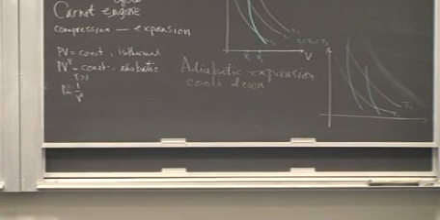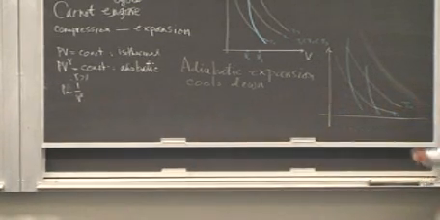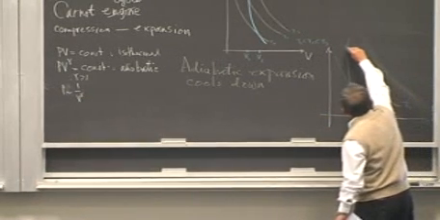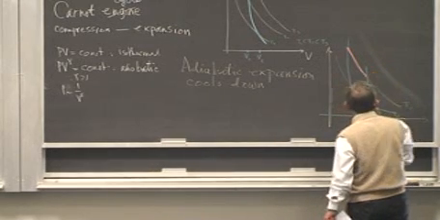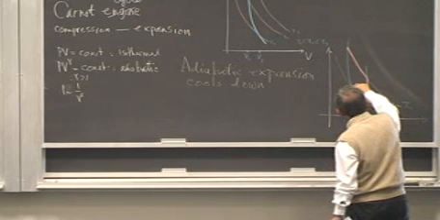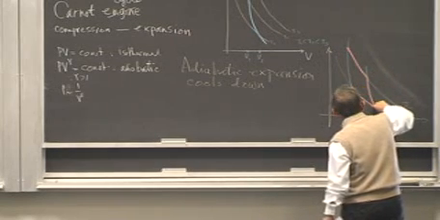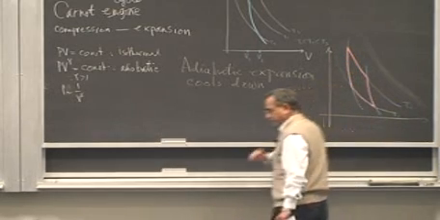So I can now draw a process that was proposed by Carnot, which will be isothermal expansion, adiabatic expansion, isothermal compression, and adiabatic compression. Okay?